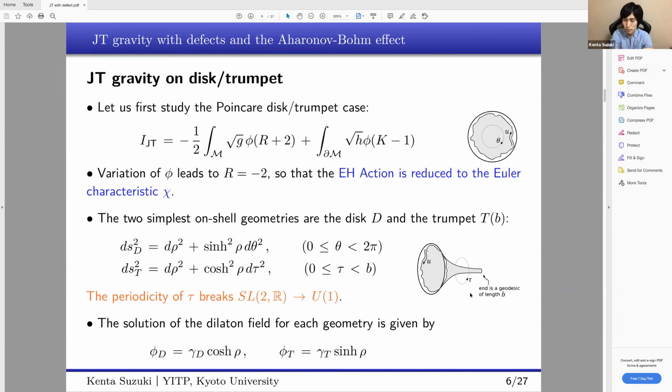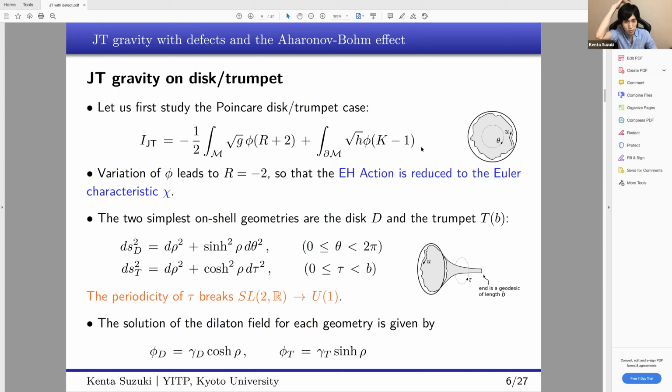So as we saw in previous pages, the physical degree of freedom comes solely from the JT gravity theory defined on disk geometry or trumpet geometry. So it's nice to look at these cases more closely. So again, the JT gravity action is given by this expression.